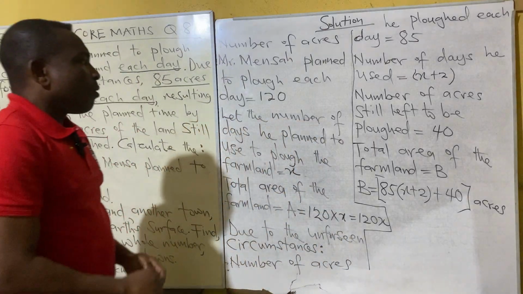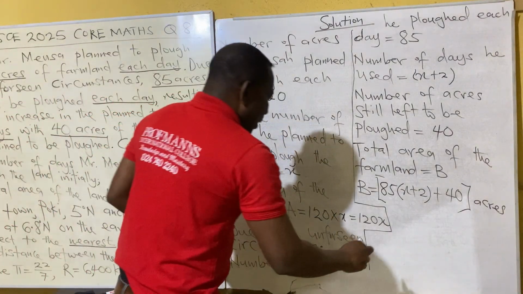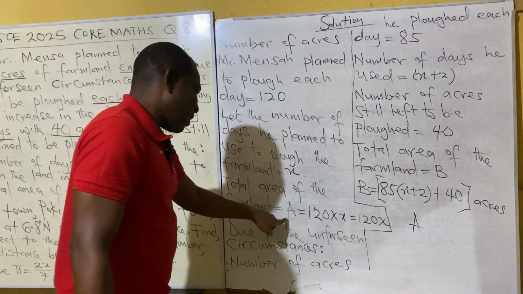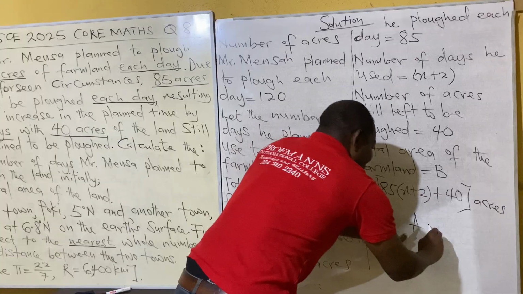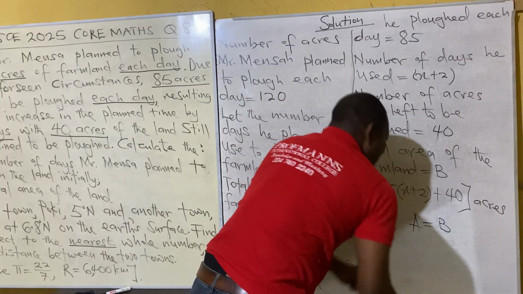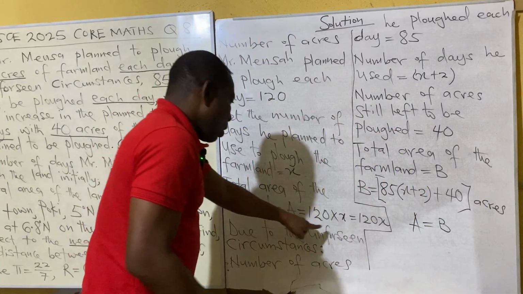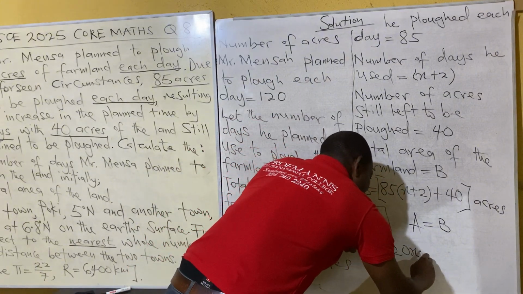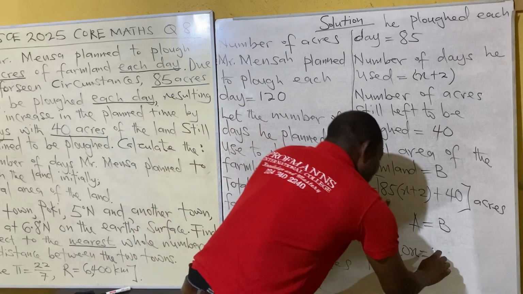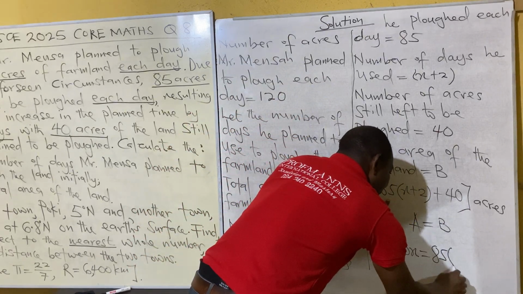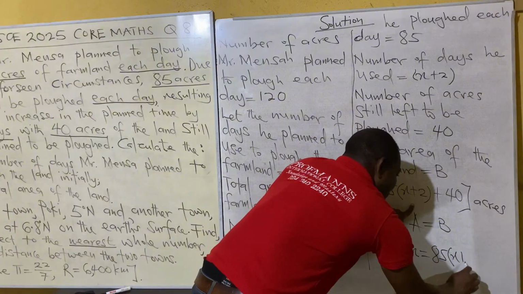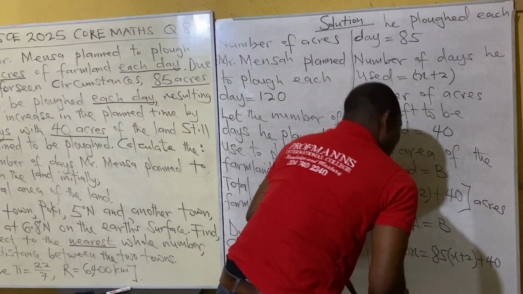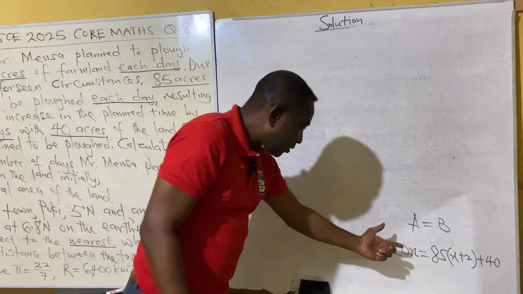Now, A, the total area of the farmland, is equal to, here again, the total area of the farmland, which is also B. Now, A is 120x, which is equal to 85 into x plus 2, plus 40. So let's solve this equation.